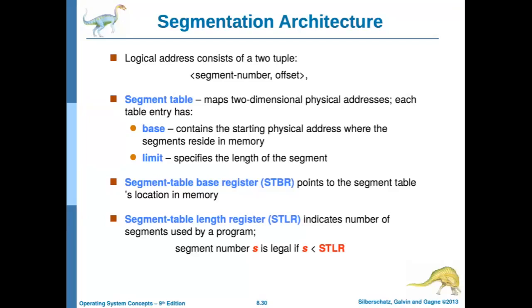Now with the segmentation architecture, remember that the logical address will consist of two parts: one is the segment number and the second is the offset within that segment. For example, in the previous diagram we have 4 segments, so segment numbers 1, 2, 3, 4, and the offset within the individual segment. That is now the structure of the logical address.